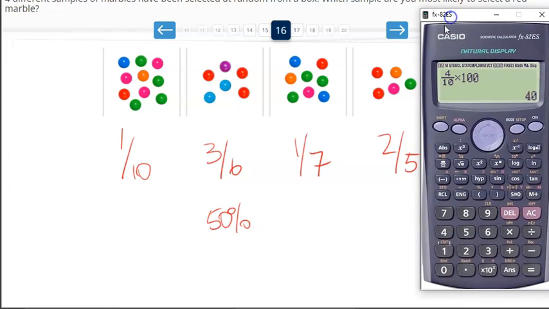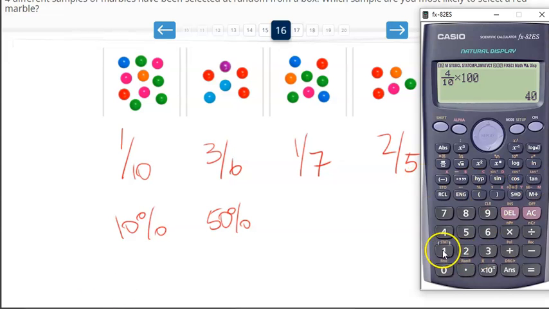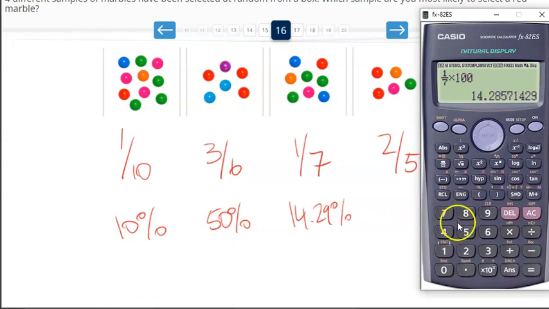If you watched the previous video, 1/10 is 10%. 1/7, so you're going to do 1/7 times 100. This will give me 14.29, so 14.29%, so close to 14, and 2/5 is 40%.